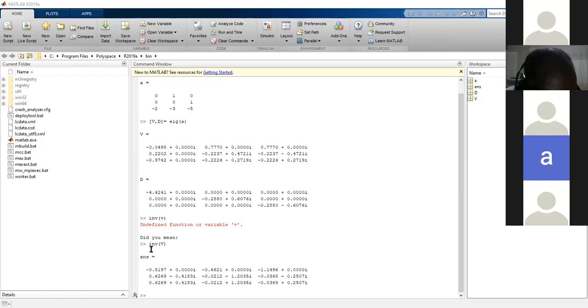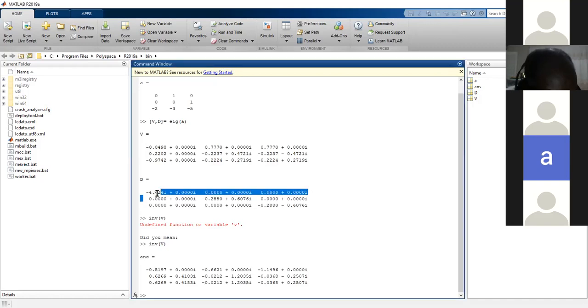So that would be E raised to the negative 4.4241, and then the one in the middle, the negative 2.88, is going to be E raised to that, the diagonal.